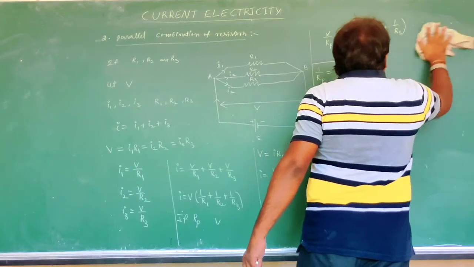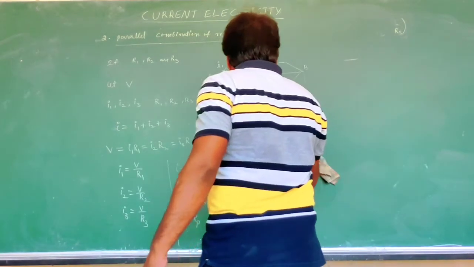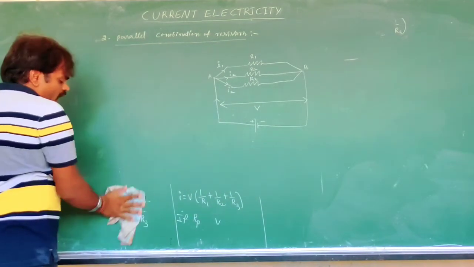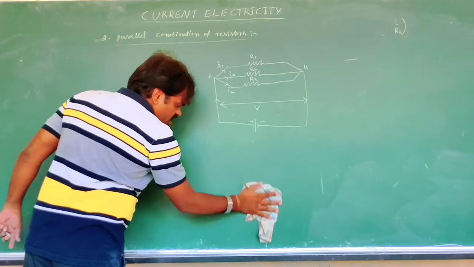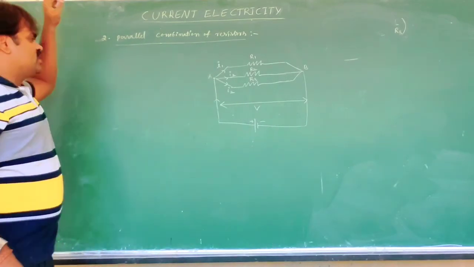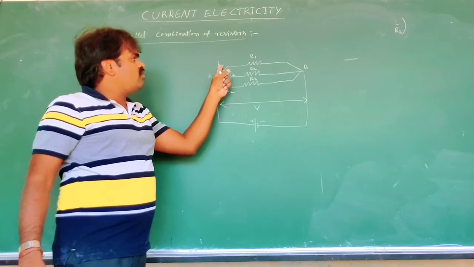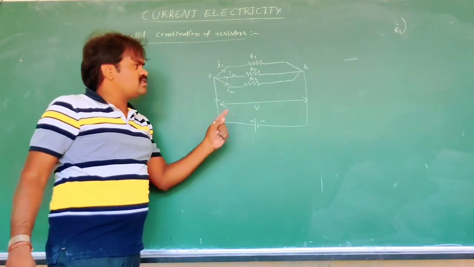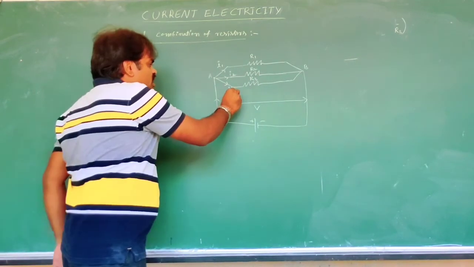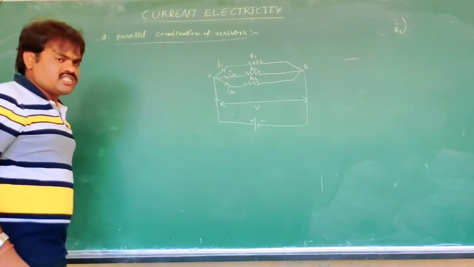Now here, division of current in the parallel combination of the resistors. That means, what is the current I1 flowing in the R1 resistor, I2 in the R2 resistor, I3 in the R3 resistor?